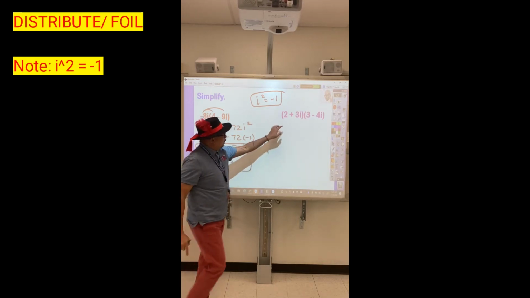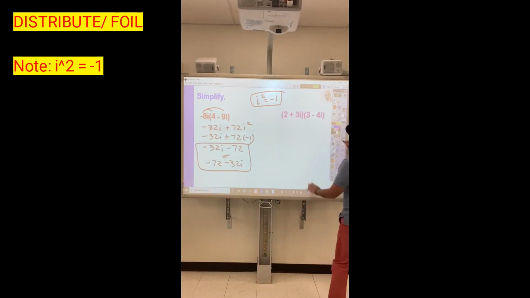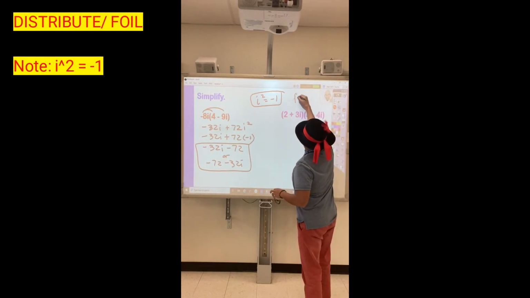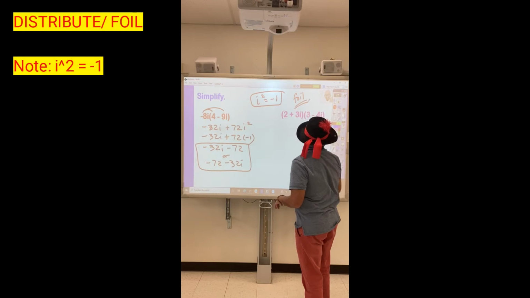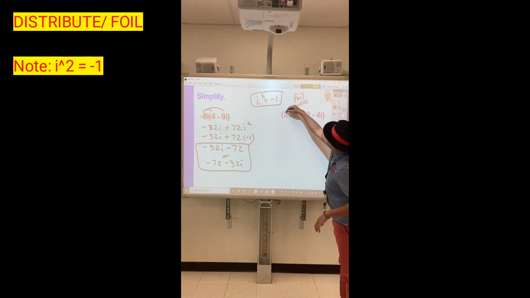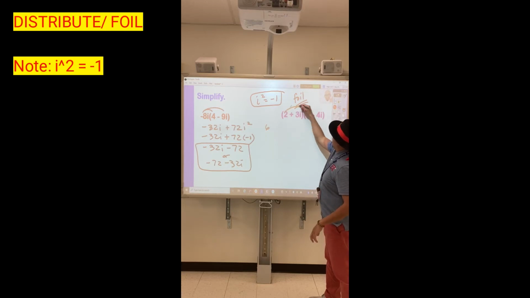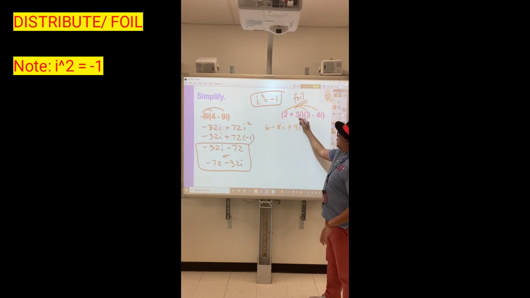Okay? Now here, 2 plus 3i times the quantity 3 minus 4i. We're going to use the concept of FOIL. FOIL means 2 times 3, the first, is 6. 2 times negative 4i is negative 8i. 3i times 3 is 9i. And 3i times negative 4i is negative 12i squared.